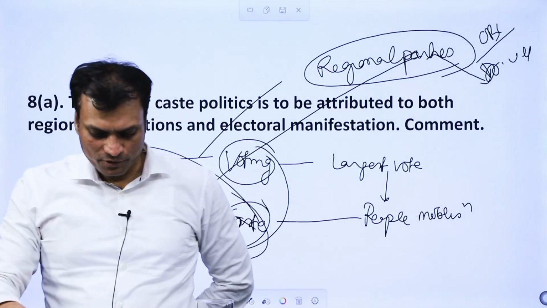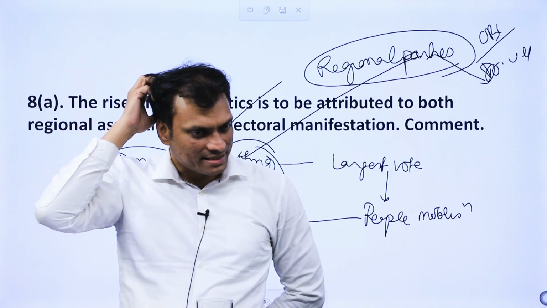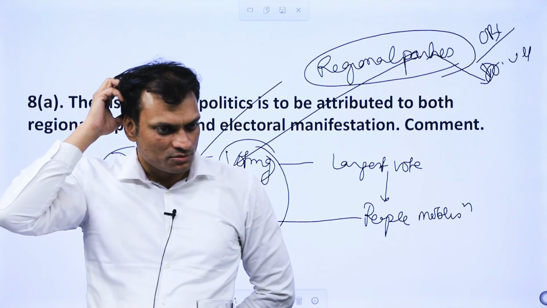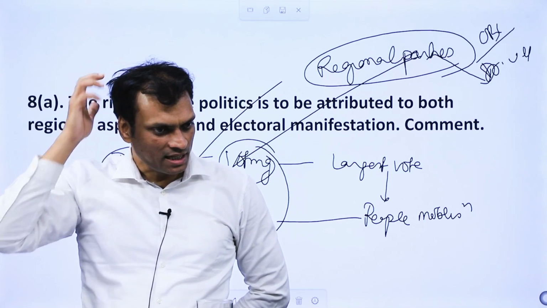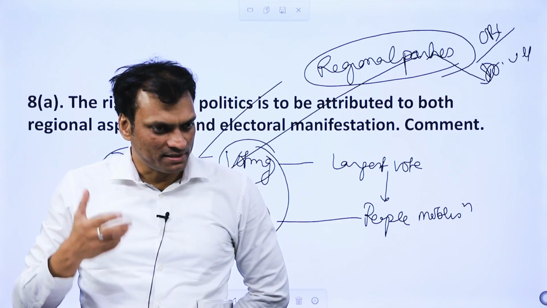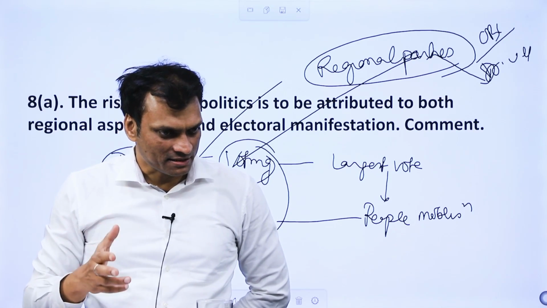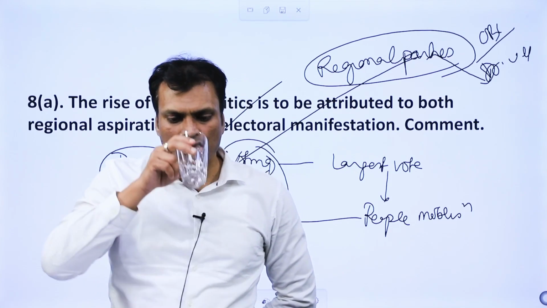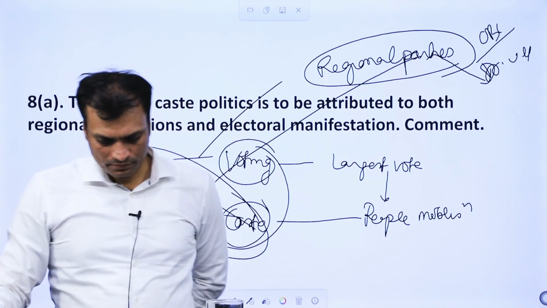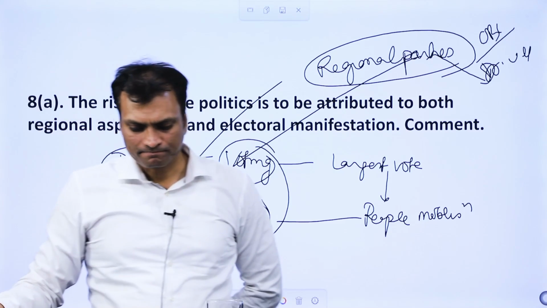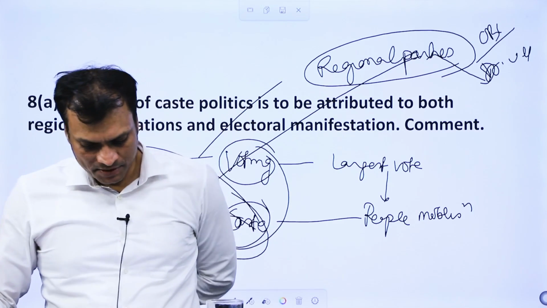So it was always and it is always easy to get the maximum chunk of votes, because caste affiliation in India is bigger than maybe many things. Therefore it can be done. Okay, so that is it.